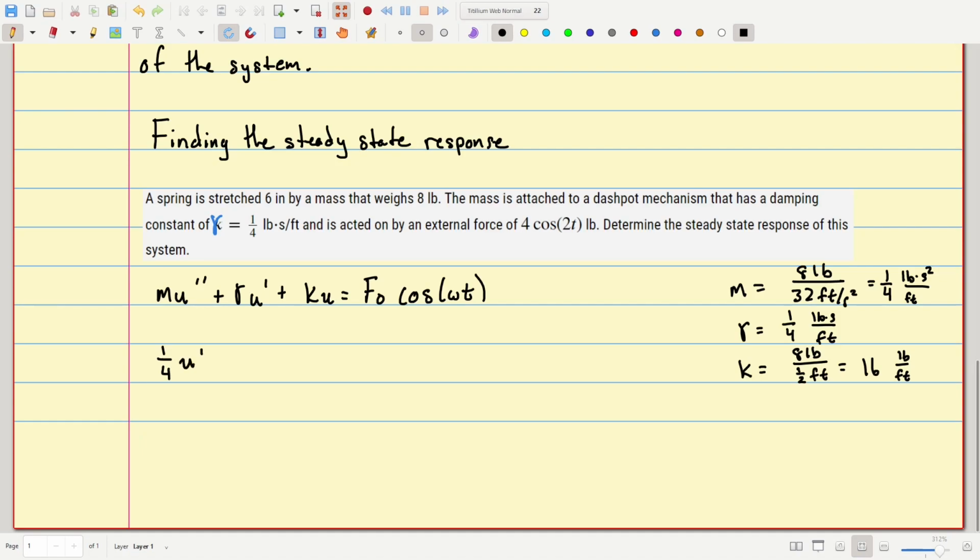Okay, putting all this together, we have a differential equation that is 1/4 u double prime plus 1/4 u prime plus 16u equals 4 cosine 2t. And taking this equation, we'll want to multiply by 4 in order to simplify things.